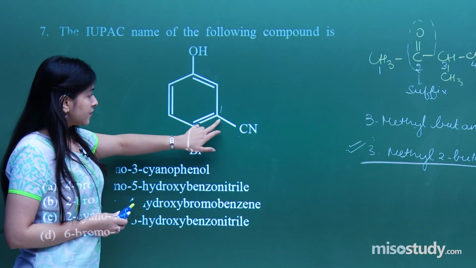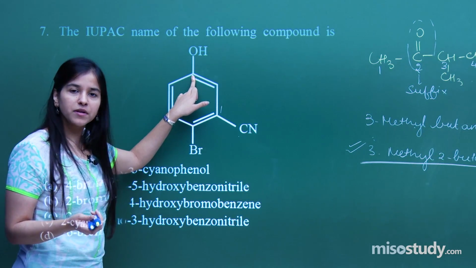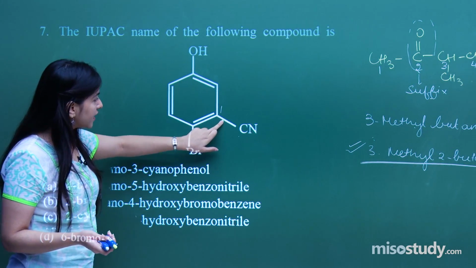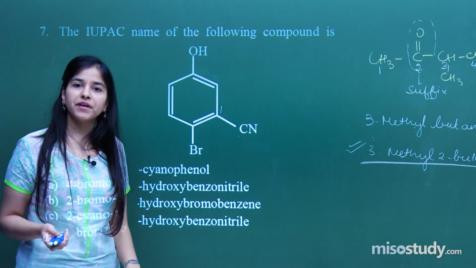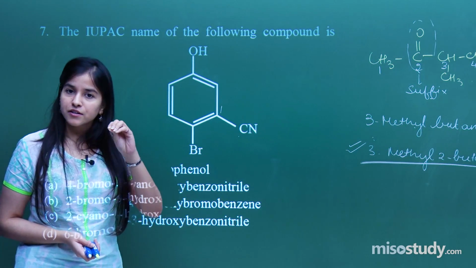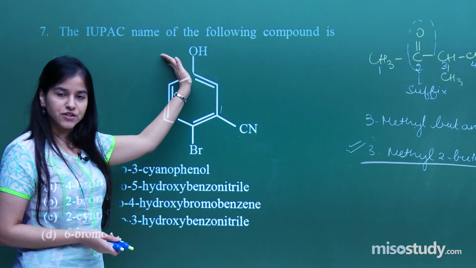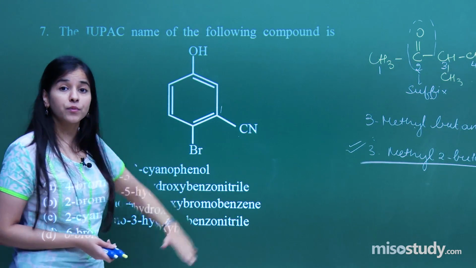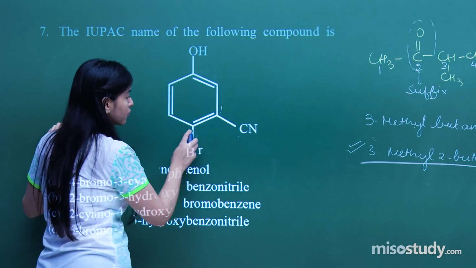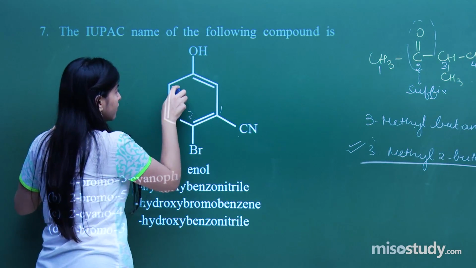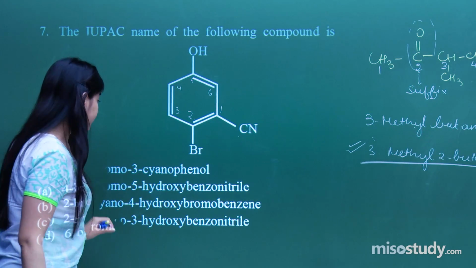Now you need to move on to the other functional group. That would be the possible way. But if I move anti-clockwise, this bromine will be assigned the lowest possible number. So instead of moving in that direction, I'll be moving in this bromine direction. That means here I'll be giving 1 to this cyano group, 2, 3, 4, 5 and 6. So that is how we are going to number in this case.